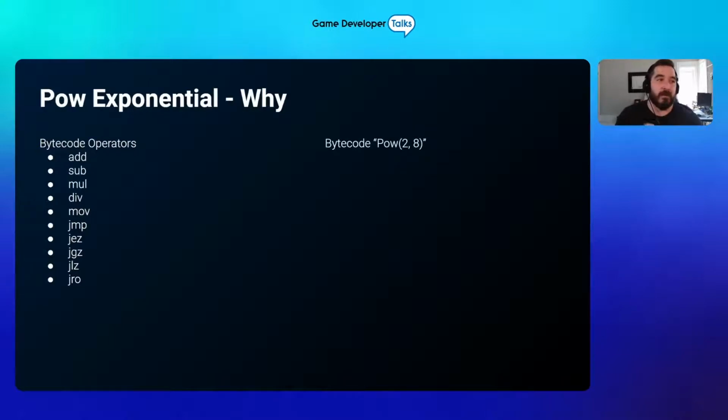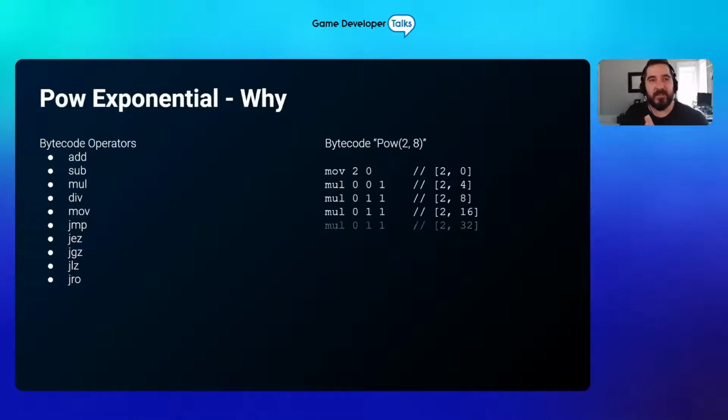So I might take my little POW, 2 to the 8th power, and in my first bytecode, I'll move 2 into the first register, and then I will multiply the first register by itself and put it in the second register, and then I'll multiply the first register by the second register 7 more times in order to get my 2 to the 8th, right?